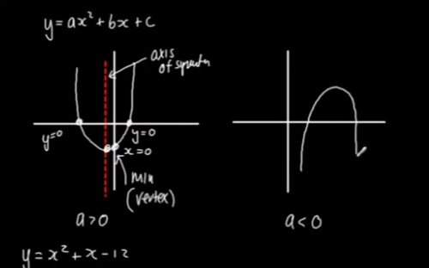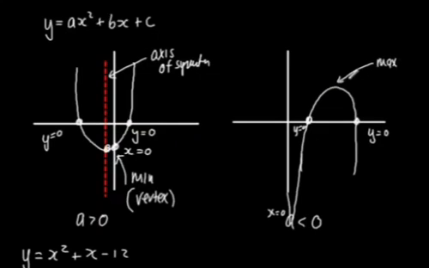So we have something like so. Again, we might have up to 2 solutions where y is equal to 0. y is equal to 0 here. We would now have a point on here where x is equal to 0. This point right here we would call again a vertex, but this is a maximum.